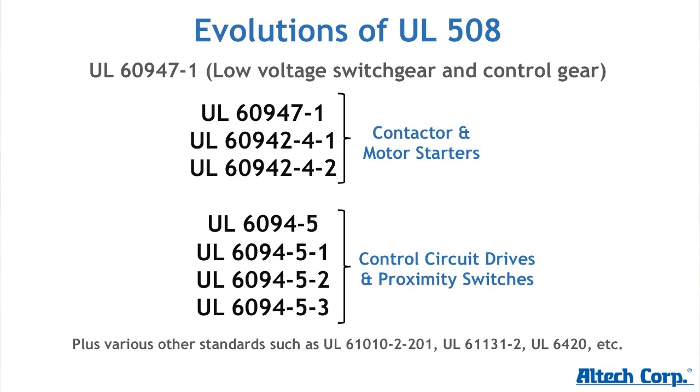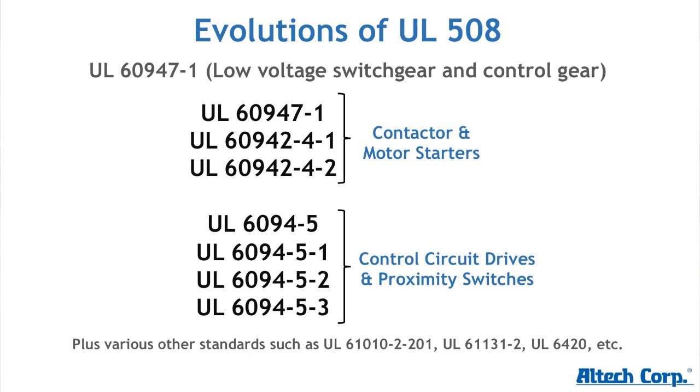So wait. So how does it work with the CSA? We have testing facilities here that they accept, but then CSA has their own testing facilities also. Do they have UL testing facilities in Canada? Good question, Dave. So CSA is their own NRTL, Nationally Recognized Test Lab, for Canada.